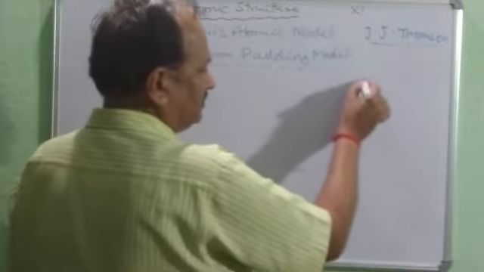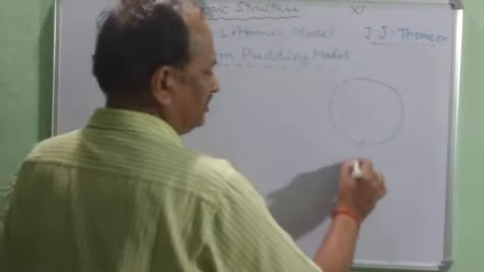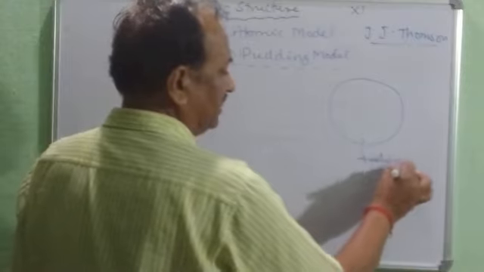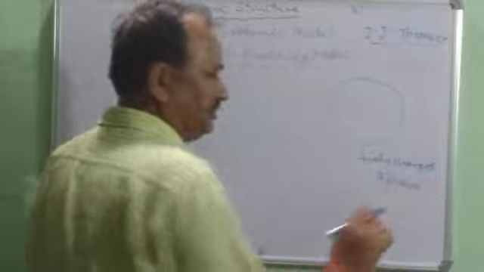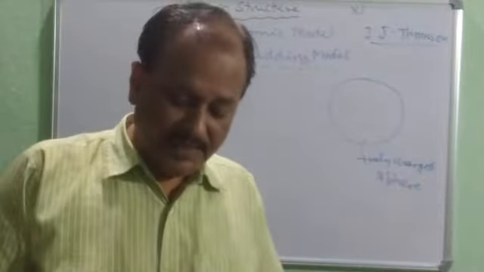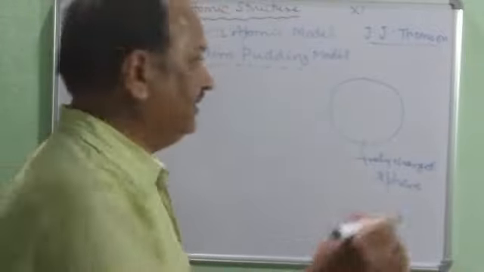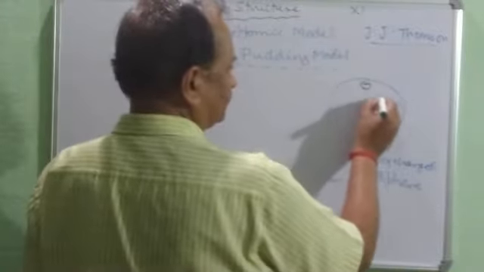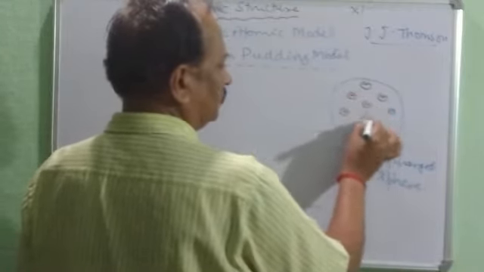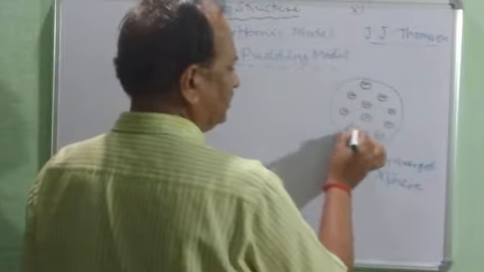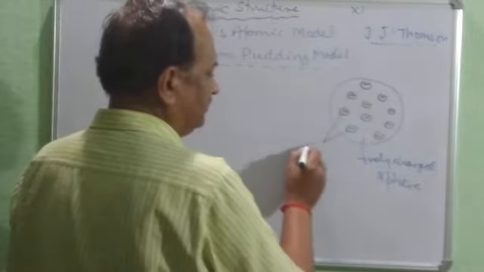So he proposed that the atom is a positively charged sphere, just like a football, and the negatively charged particles are scattered here and there, just like this. So he called it the plum pudding model. So this is the distribution. These are the negatively charged particles.